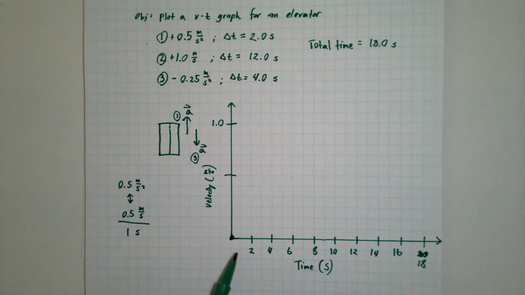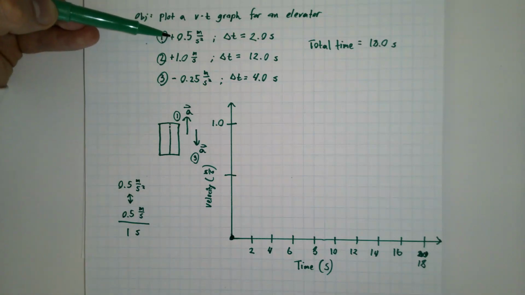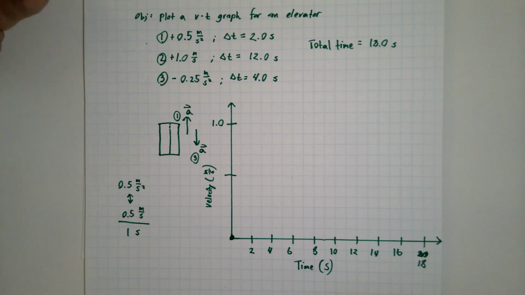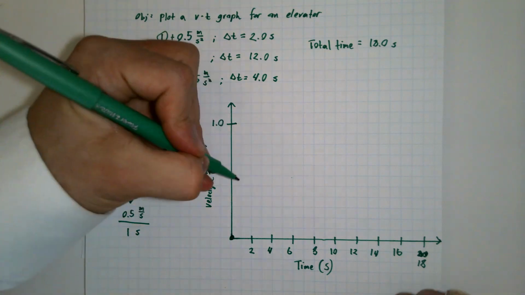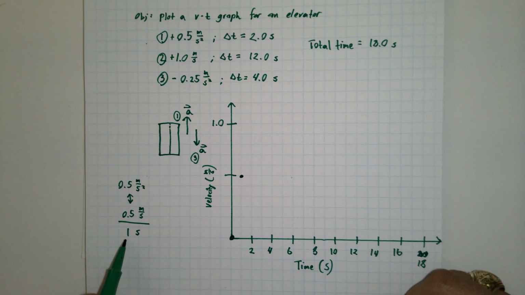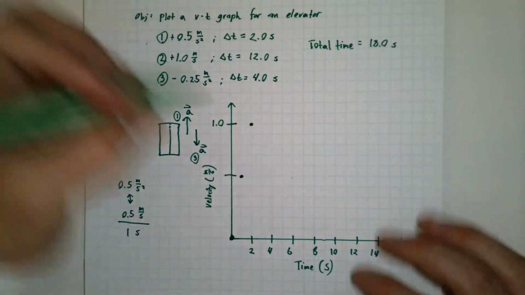So in the first second, what should be our velocity? Well, our velocity would have increased, since we have a positive, from 0 up to 0.5. So we'll say we'll get up to here. And then after another 1 second, we're finally up all the way to 1.0 meters per second.